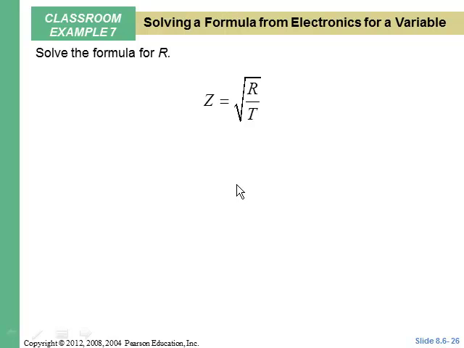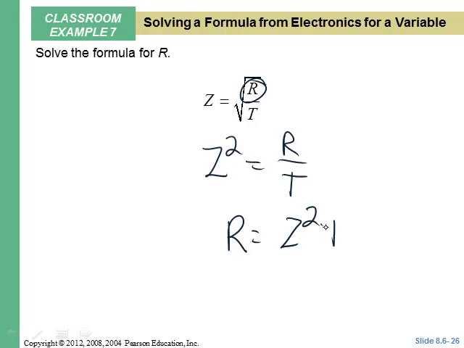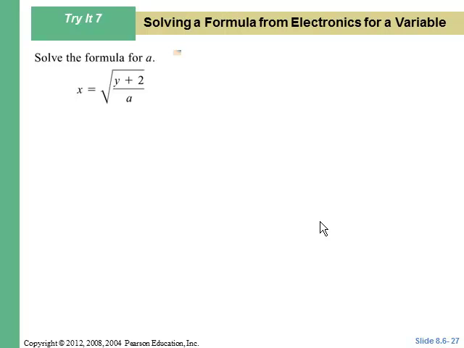Okay, and then if you have a square root and you're trying to get r all alone, you'll square both sides, so you get z squared is r over t, or get the t all alone, r equals z squared times t. You do this one.